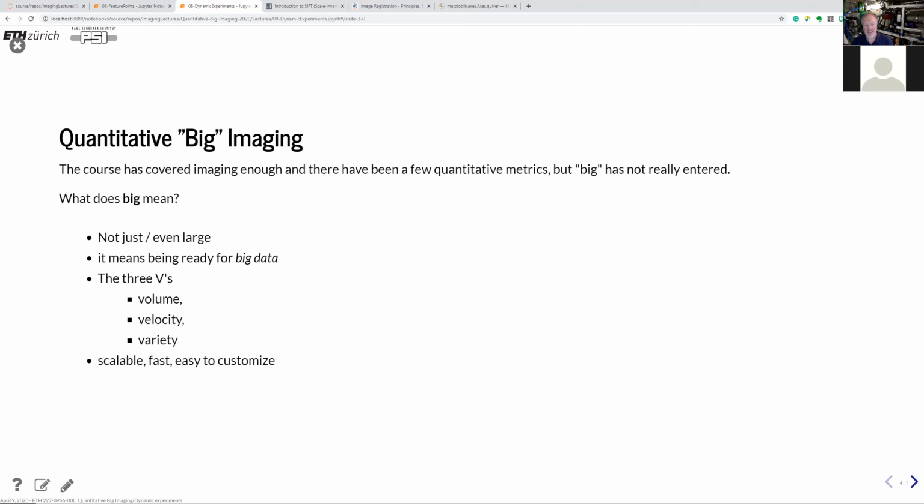What we need is something that is scalable, fast, and also easily customizable, so you can adapt it to what you are doing. Not that it's strictly fixed on a specific task that you have right now in front of you, but also that you can modify it easily in a way that you can use it, or maybe even your colleague can use it in a next experiment.